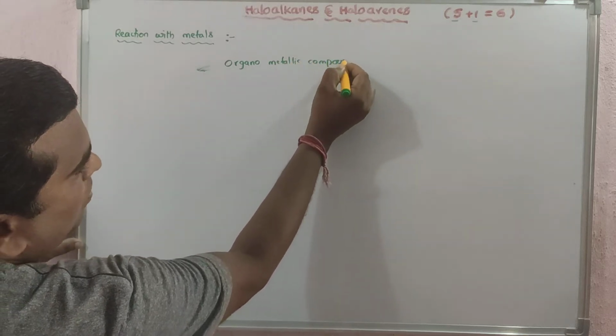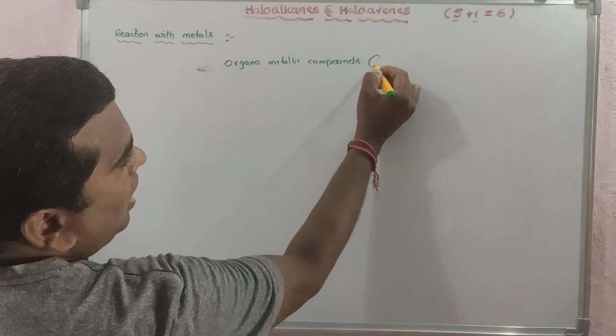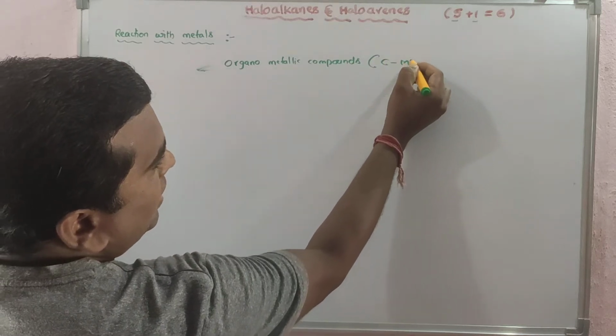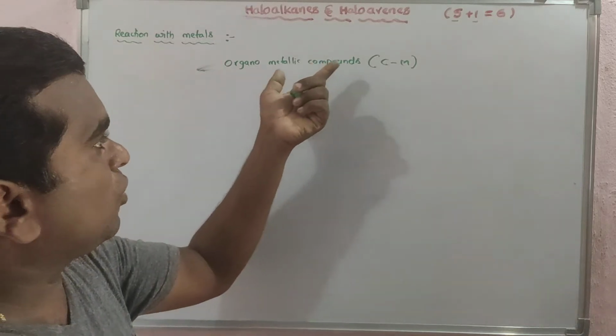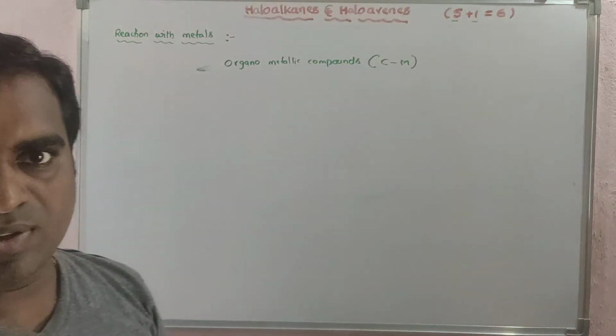What are these organometallic compounds? Compounds containing a carbon and metal bond. These compounds we call organometallic compounds.